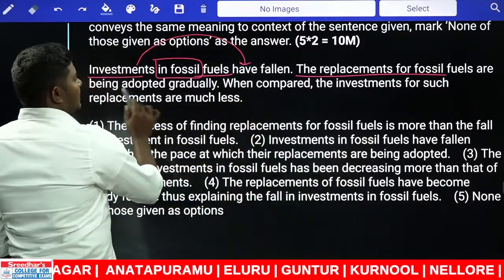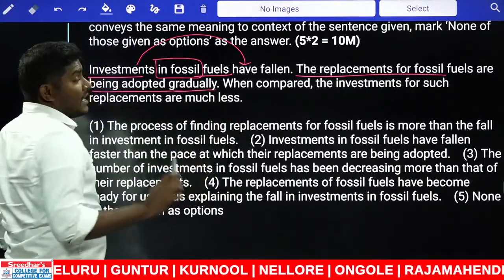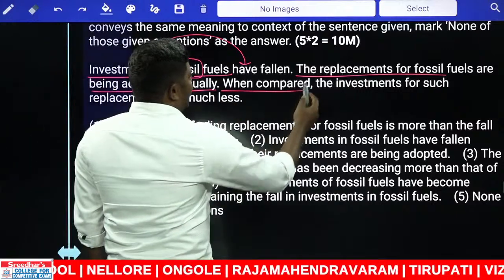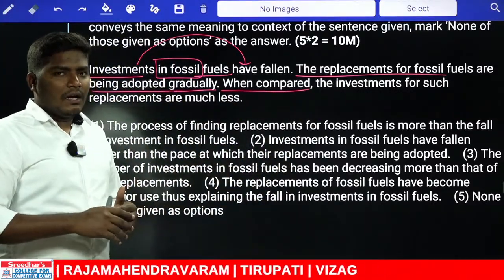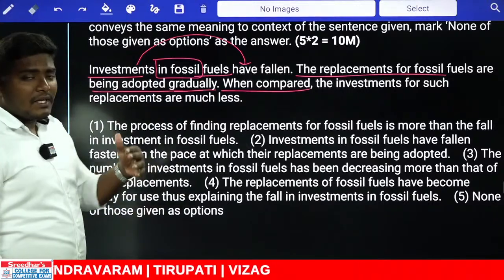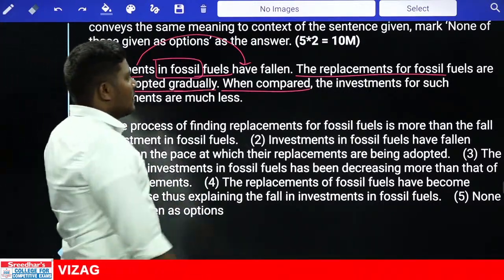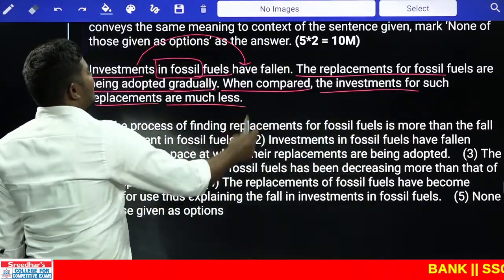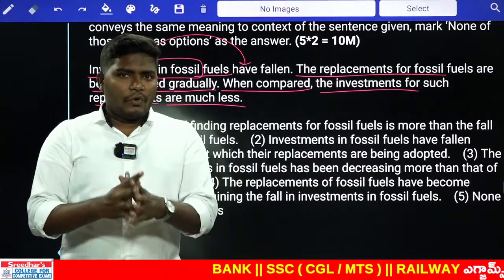The replacements for fossil fuels are being adopted gradually. Gradually, the people are trying to invest in some other things, when they are actually comparing the investments with the other investments, okay? Comparing the investments in fossil fuels with the investments in different areas, the investments for such replacements are much less. That means, let us say, now I actually am investing in fossil fuels.